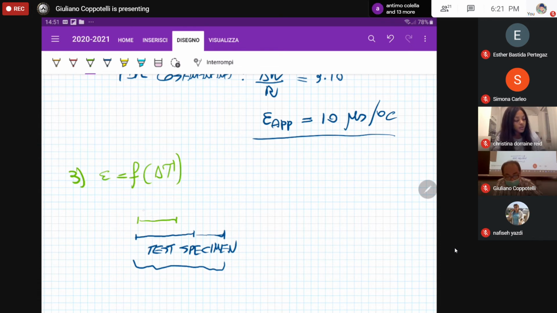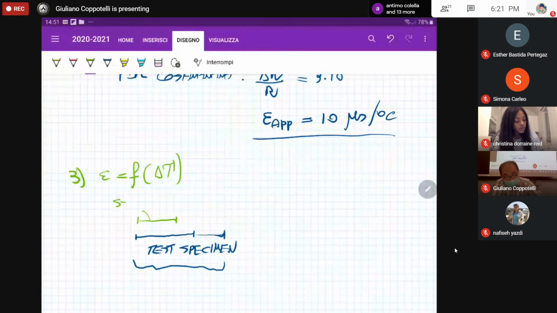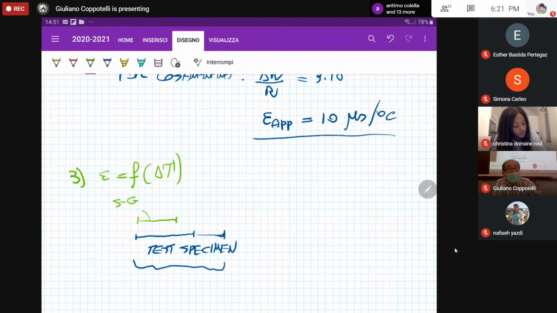This is the strain gauge. Because of the thermal effect, I am exaggerating that a little bit, we also have to include the thermal effect of your strain gauge.